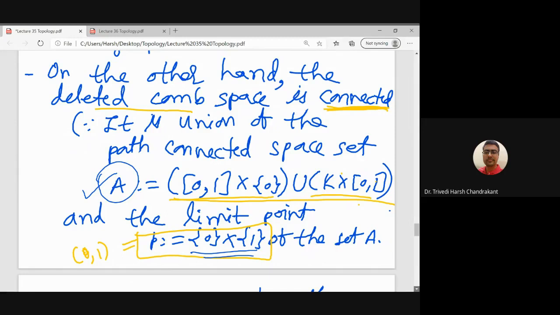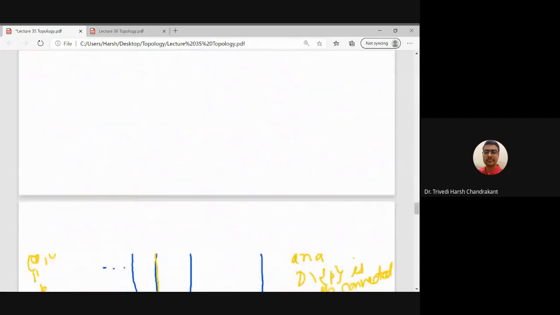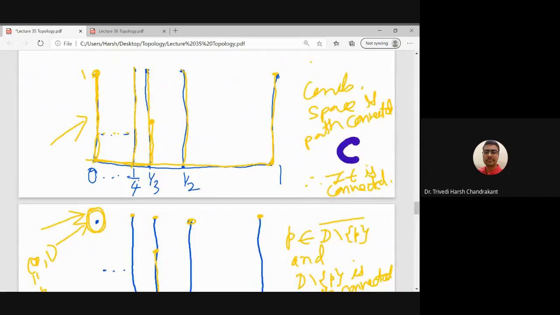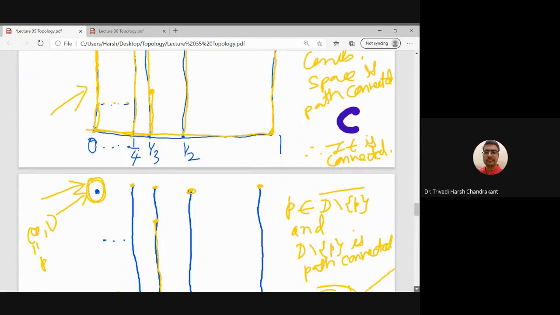And we can see that P can be written as a limit of some of the points in A. This point is P, and it is the limit of all these points.